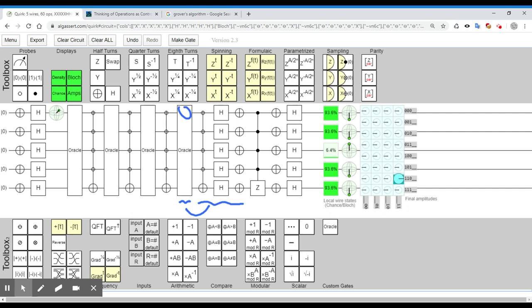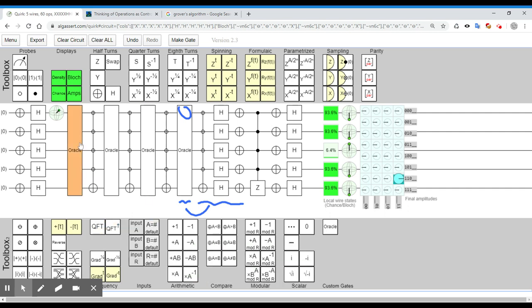The idea of Grover's algorithm is finding something that's encoded in a phase operation, or a phase shift, and then putting it into the amplitudes so you can measure it with a Z observable.